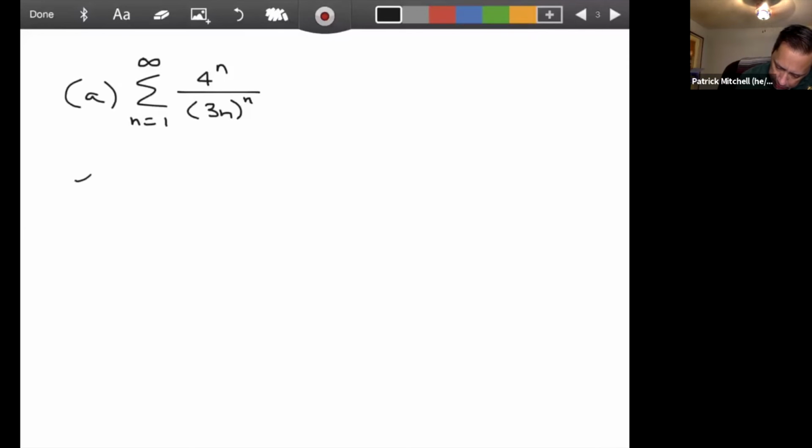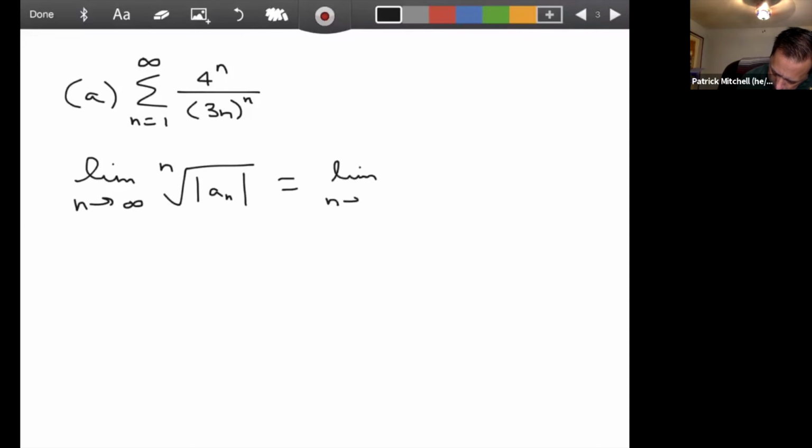For now, let's look at the limit as n increases without bound of the nth root of the absolute value of A sub n. This series does not have any negative terms, so we don't have to worry about the absolute value. So it's just the nth root of, and here I'm going to do something.